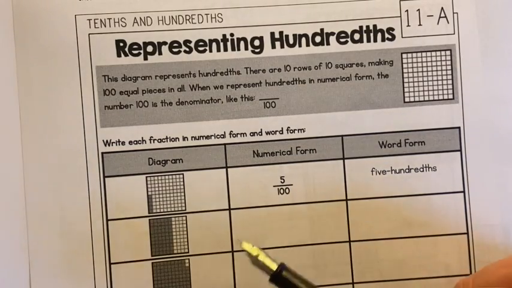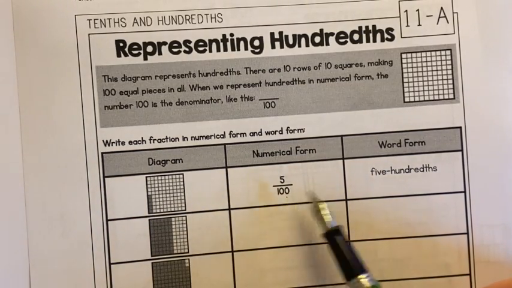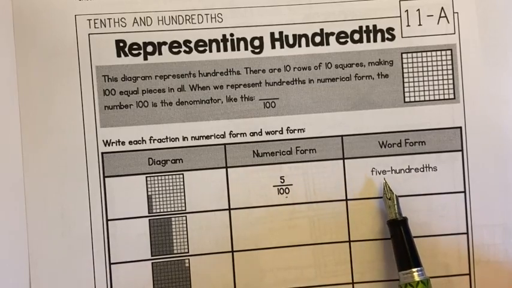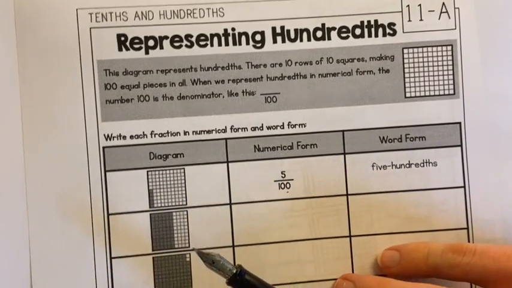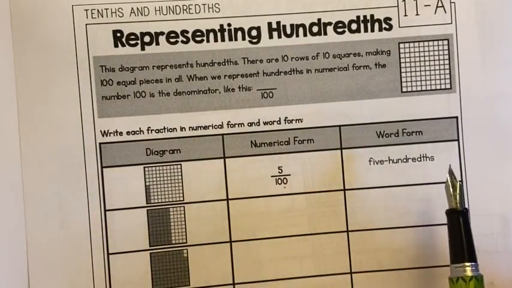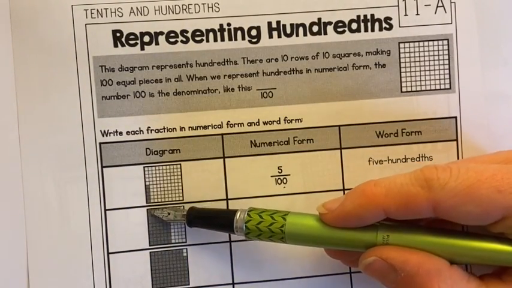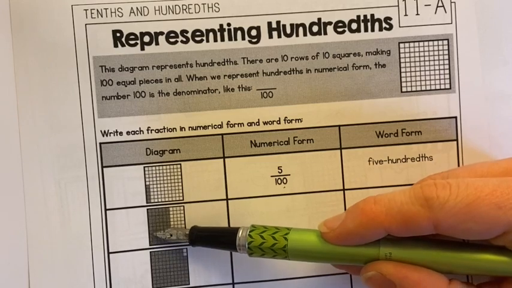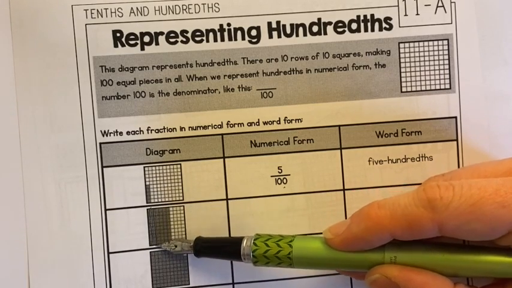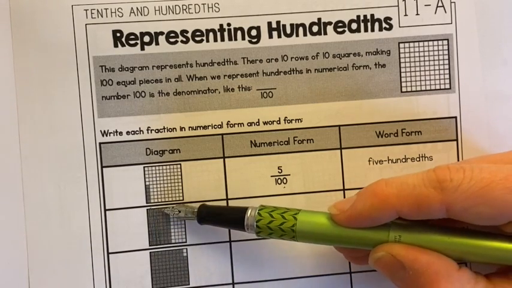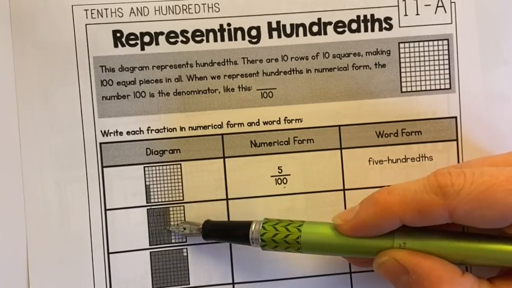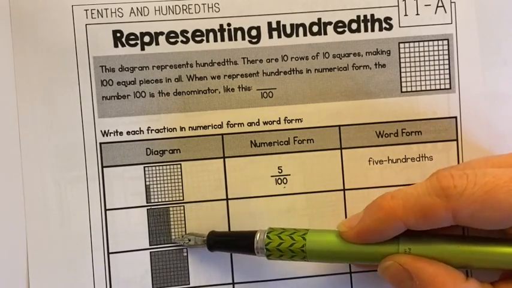So the first one, 5 100ths is 5 hundredths. I know that's confusing. Now let's look here. We know each of these is a group of 10. So let's count. 10, 20, 30, 40, 50, 60.